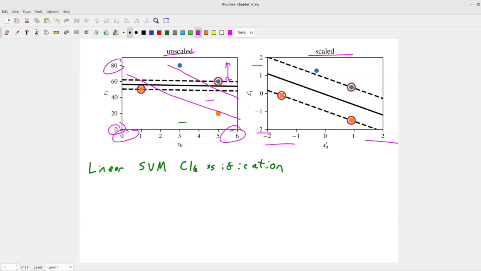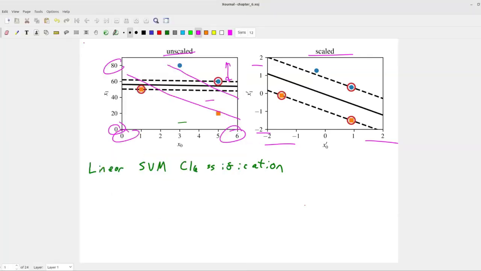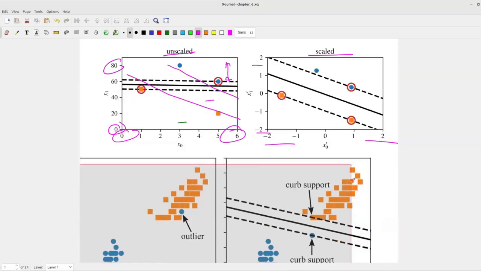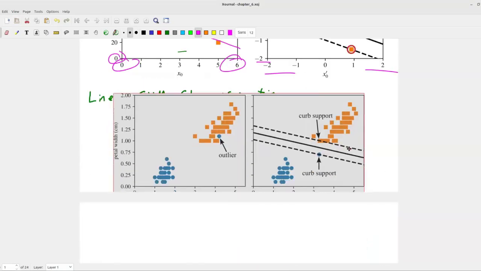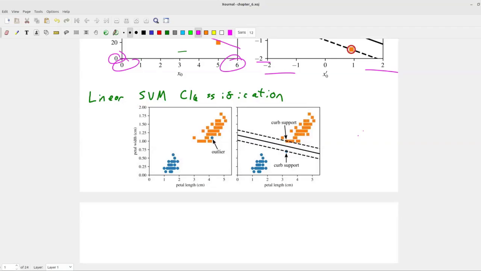All right, so hard margin classification is the first thing we're going to talk about, and that demands that all instances be correctly classified without any margin violation. Right, so it's a strict approach that faces two challenges. It's only feasible if the data is completely separable, and it's highly sensitive to outliers. So if we had an SVM like this, right, and obviously this is not real, but this is again the iris data set.